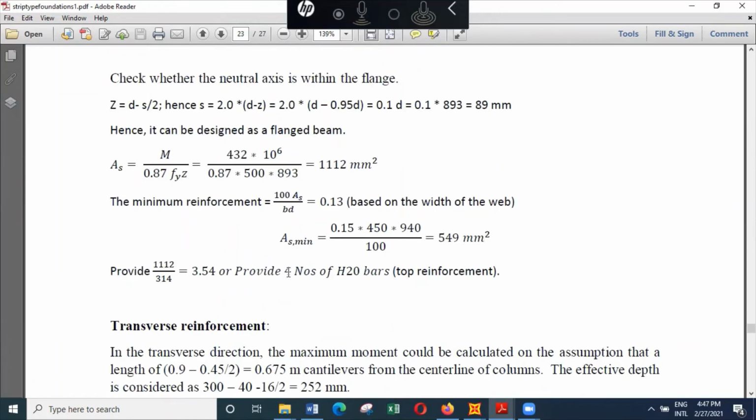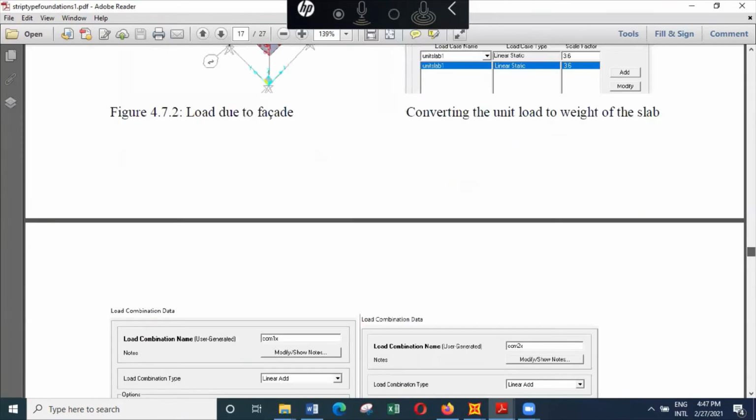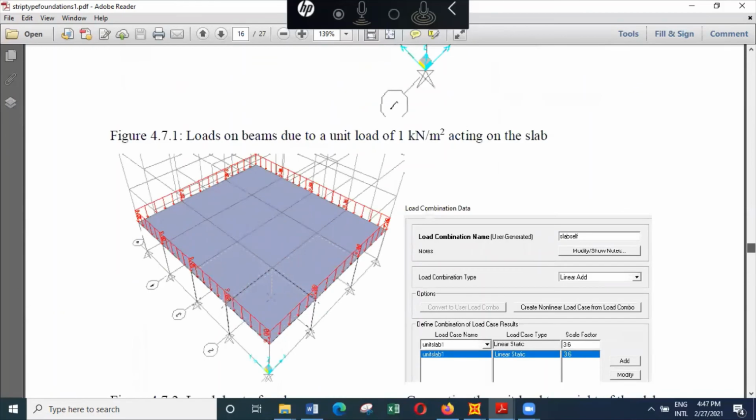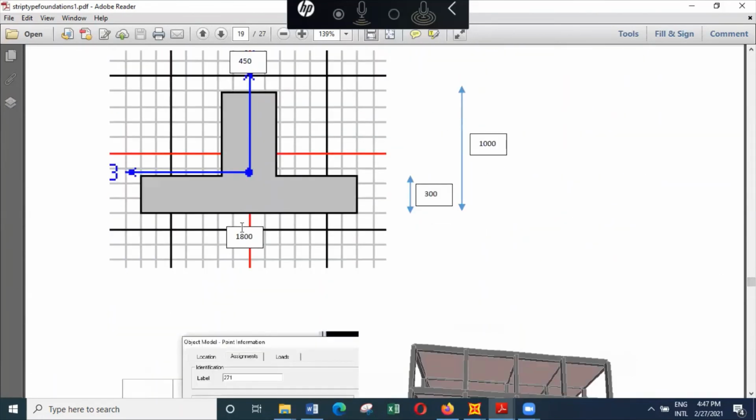So in the transverse direction, if you look at this particular section that we selected, it has a width of 1.8 meters here. This is 0.45 meters. So this outstand is 0.9 meters multiplied by 0.45 divided by 2.